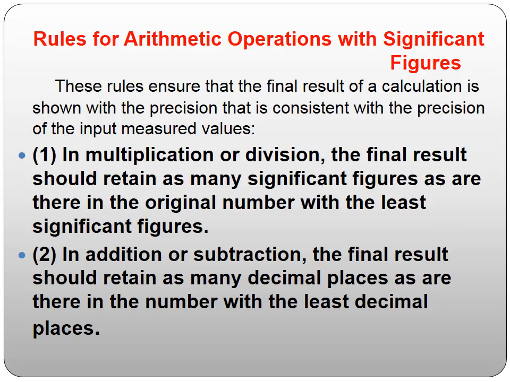The two important rules are: first one, multiplication or division, the final result should retain as many significant figures as are there in the original number with the least significant figures. And second one is, in addition or subtraction, the final result should retain as many decimal places as are there in the number with the least decimal places.